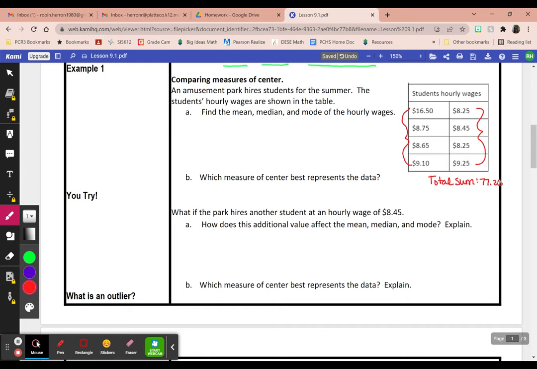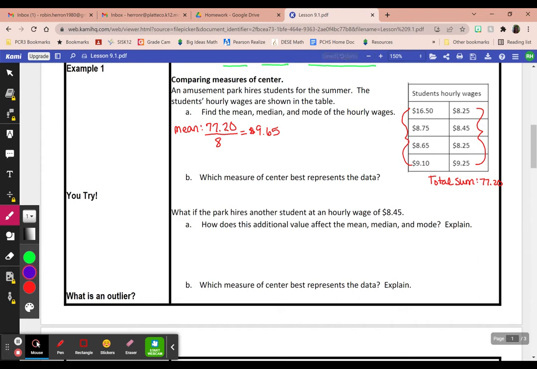Okay? So for the mean, I'm going to take 77.20, which was the sum of all of them, and divide by how many there are. And there are 8 different values. So divided by 8, and that equals a mean of $9.65.